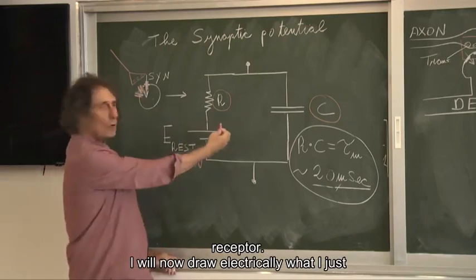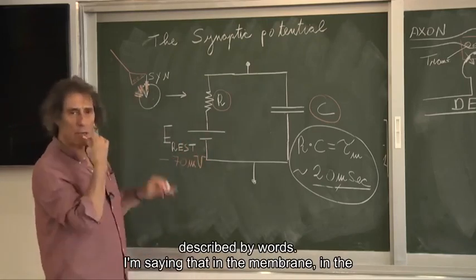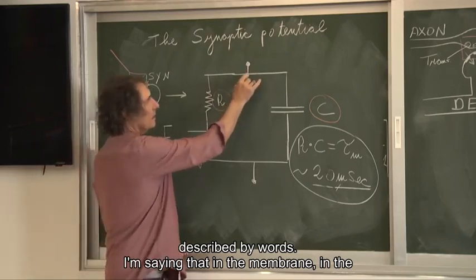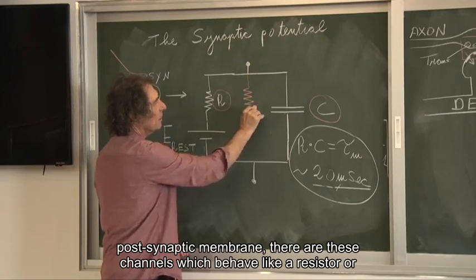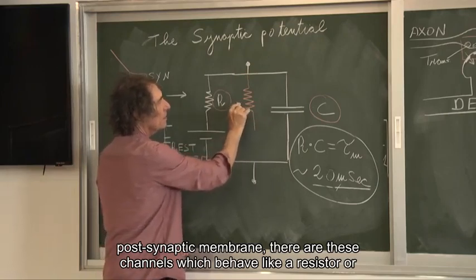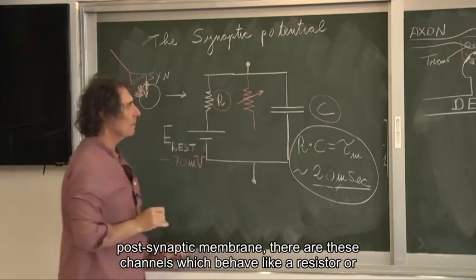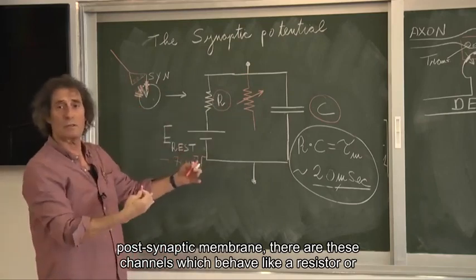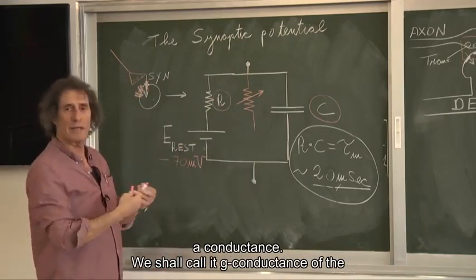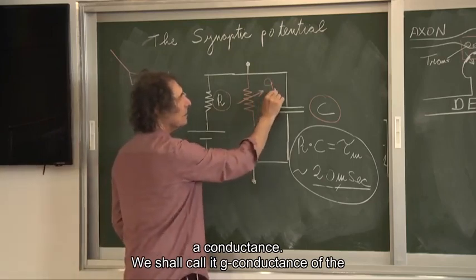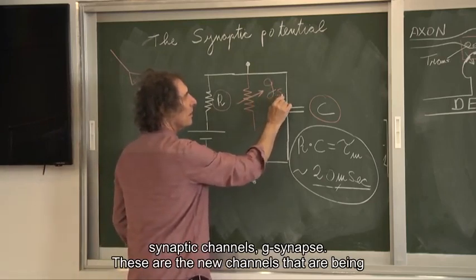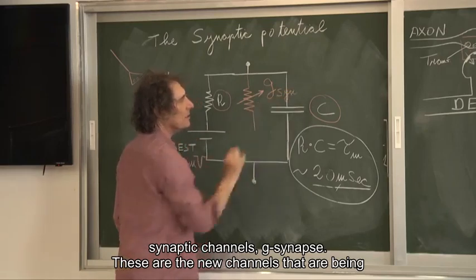I will now draw electrically what I just described in words. I'm saying that in the postsynaptic membrane, there are these channels which behave like a resistor or a conductance. We shall call it G, the conductance of the synaptic channels, G synapse.